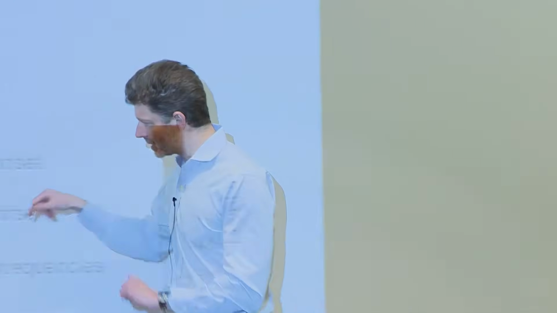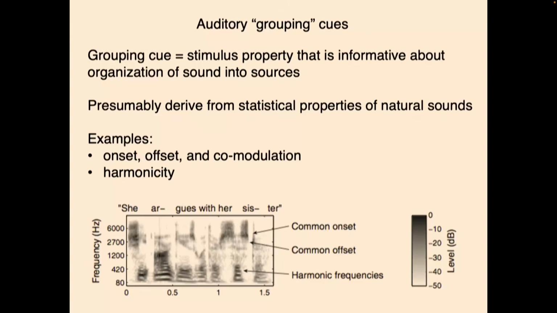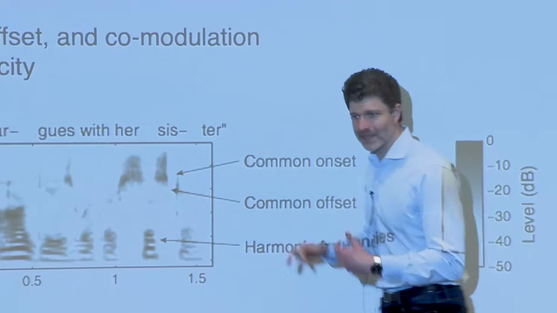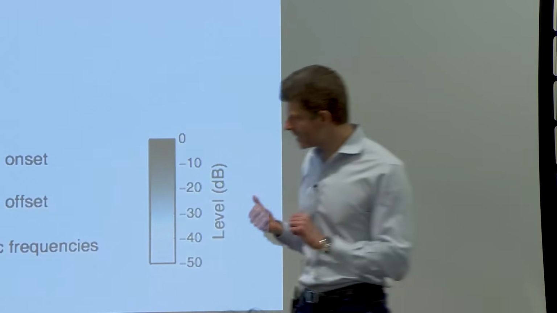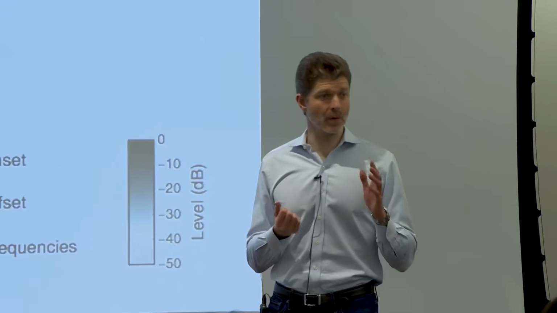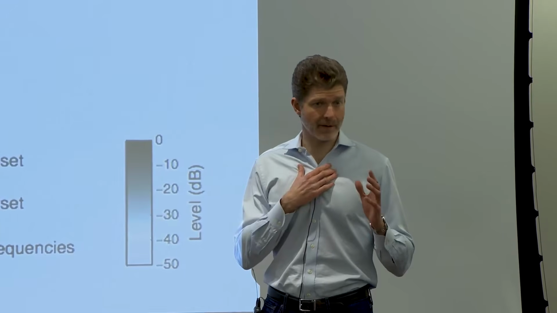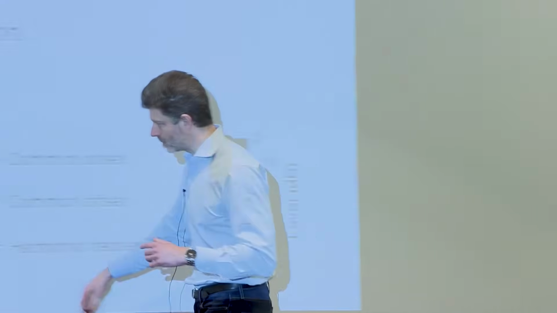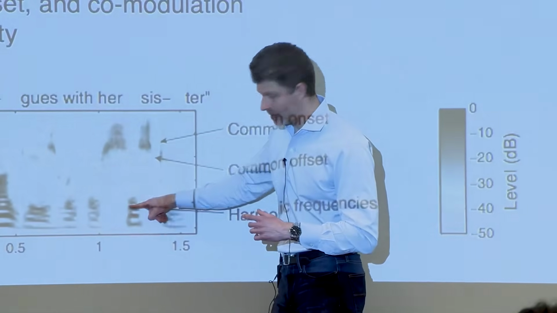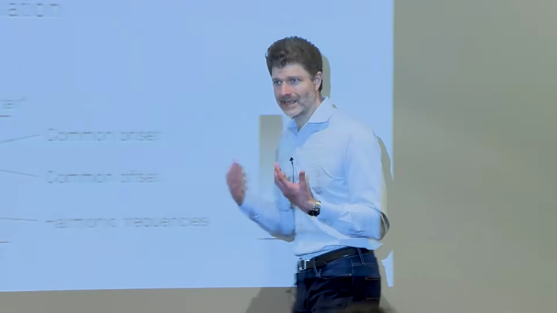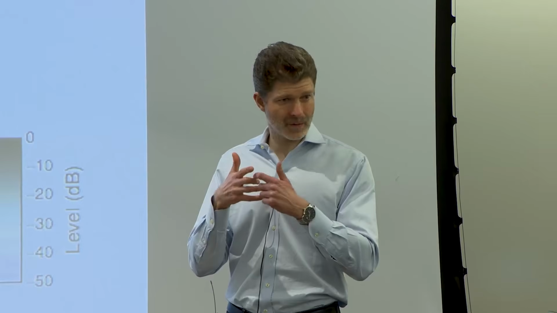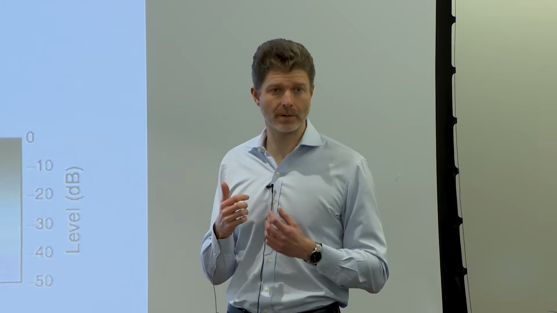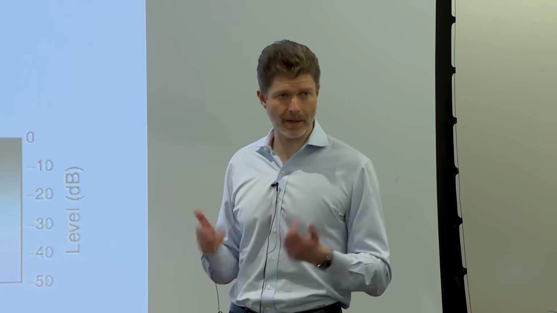The idea is that when that is observed in the sound signal, it gives you a clue that all of those frequencies that have the same onset are caused by the same thing in the world. Similarly, we just talked about how lots of sounds in the world are harmonic, in particular sounds that are produced by our voice. That shows up as these horizontal stripes here for individual harmonics. So if you observe harmonic frequencies in the input to the ear, that's a pretty strong cue that those frequencies actually came from the same source in the world, because sources in the world tend to be harmonic.